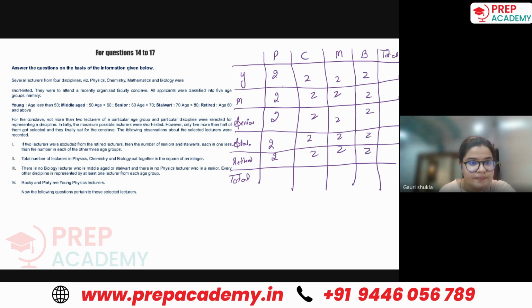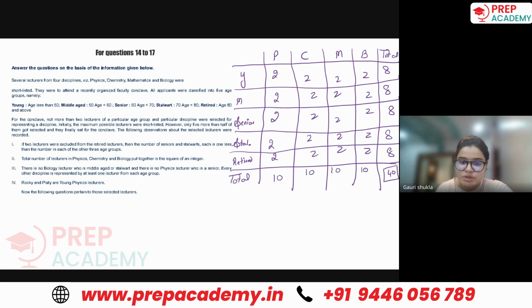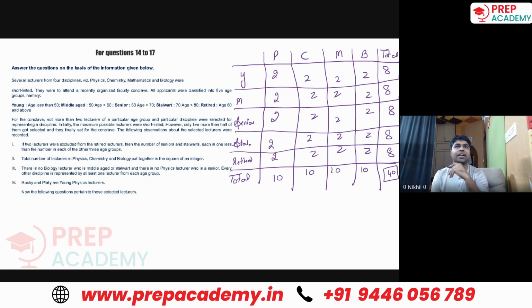By that logic, 2, 4, 6, and 8, 8 can be the maximum value here. So the grand total can be 8 into 5, 40, or 2 plus 2 plus 2 plus 2 plus 2, 10 into 4, 40. This is the maximum that can happen.